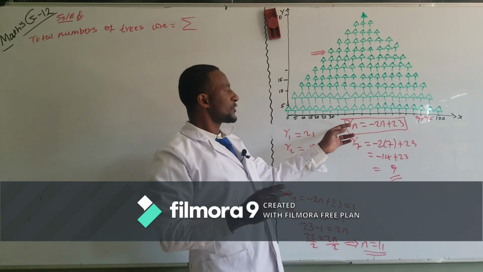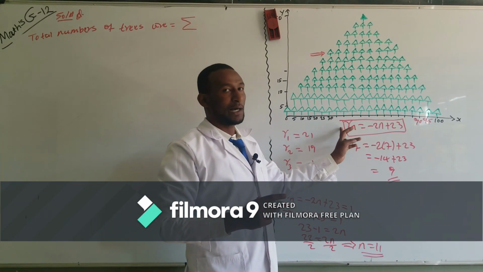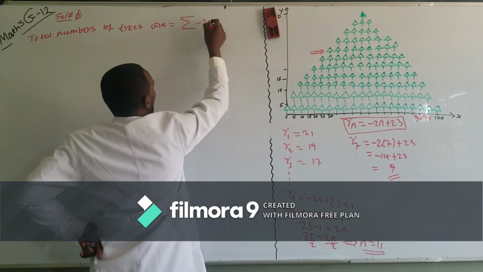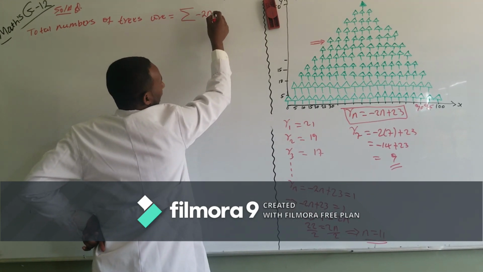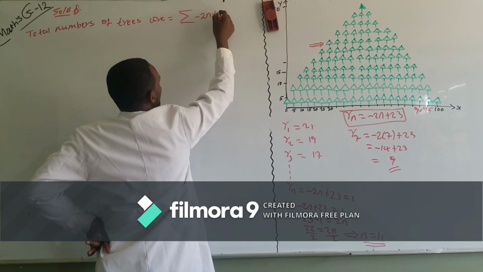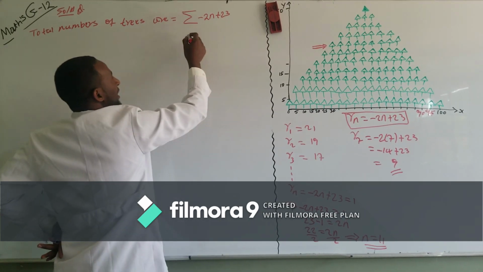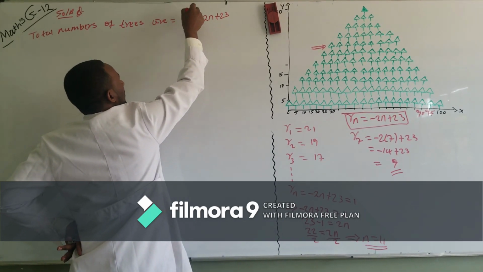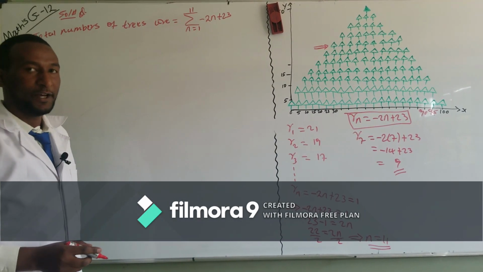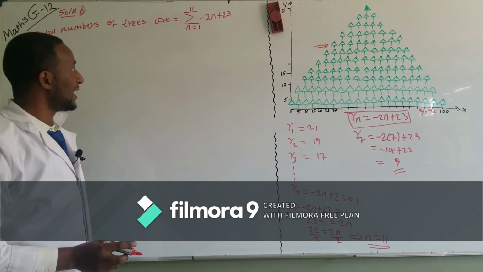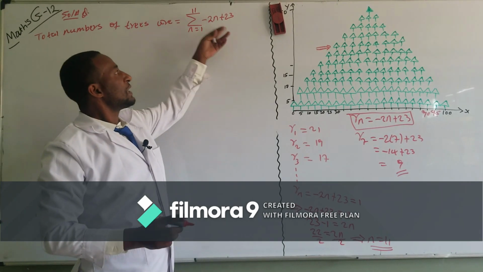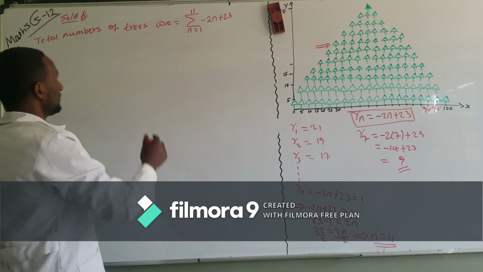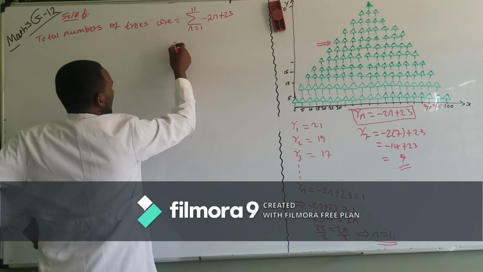Number of trees in each row ፎርሙላው እዚህ ጋር አግኝተናል። That means negative 2n plus 23 when n starts from 1 up to 11 ማለት ነው። ይሄ ማለት n ከአንድ ጀምሮ እስከ 11 እየተካን ሰሜሽኑን እየፈለግን እንሄዳለን ማለት ነው። ቶታል የምናገኘው ይሄ ስንት ይሆናል ማለት ነው?